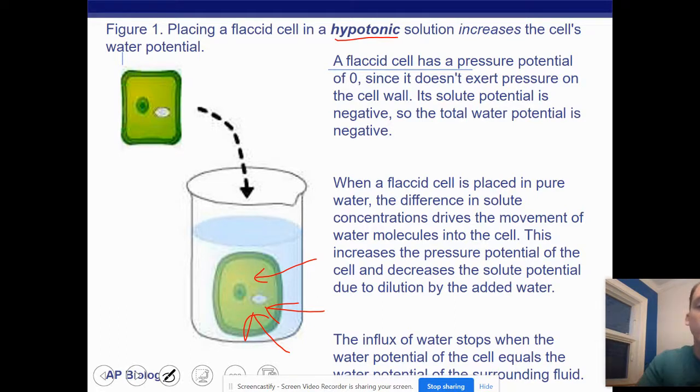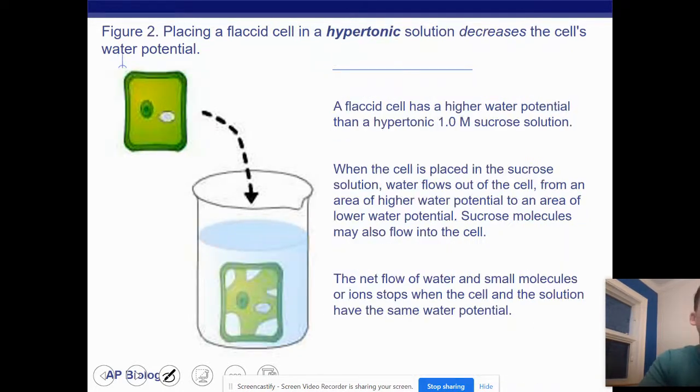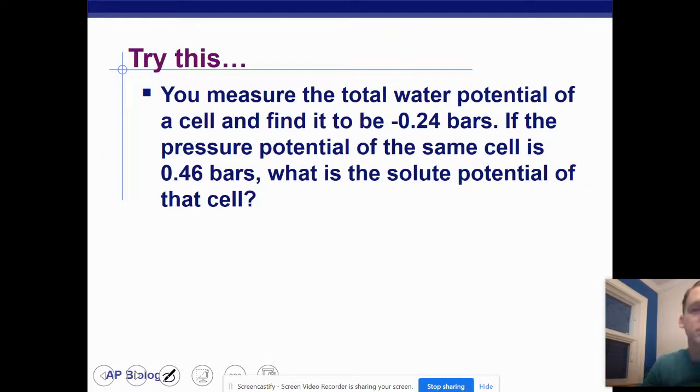So the influx of water stops when the water potential of the cell equals the water potential of the surrounding fluid. And then in a hypertonic solution, the same thing happens. We add it in, water flows out, and it continues to flow out until it has equalized the same water potential in and out of the cell.